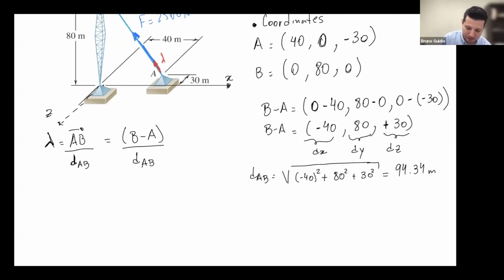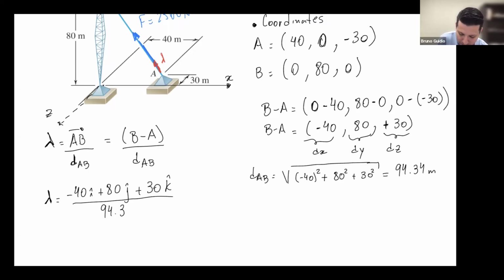Now what I'm going to do, come back here. This is negative 40 i hat, positive 80 j hat, positive 30 k hat, divided by 94.34.